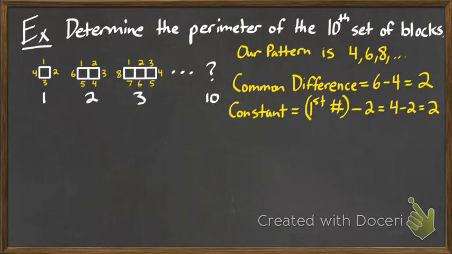Now, this might seem a little abstract, but since we have a nice visual, we can look at this another way. If I have my first drawing and my second drawing, what is the consistent piece that stays from the first one to the second one in respect to our perimeter? If I look at the first one, we have a perimeter of 4.